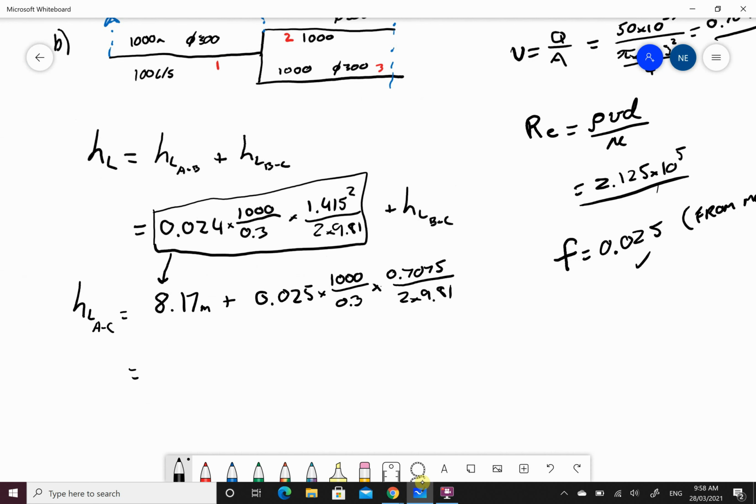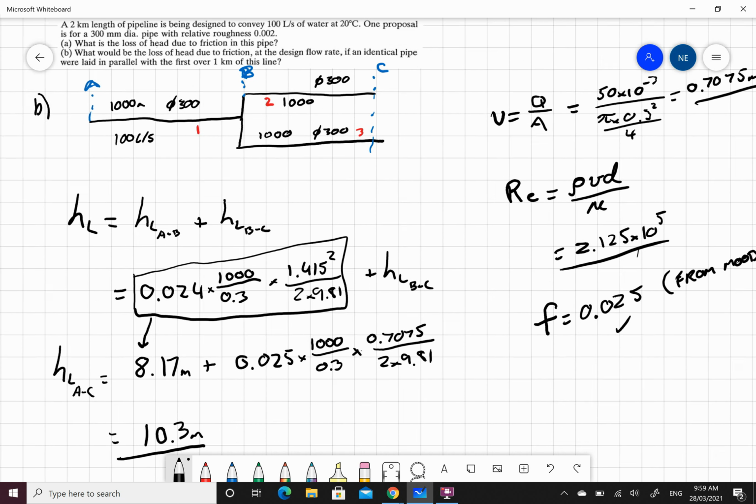This chunk here, punch that in, ends up being 2.13. So the head loss due to friction is equal to 10.3 meters, whereas before it was 16.33.